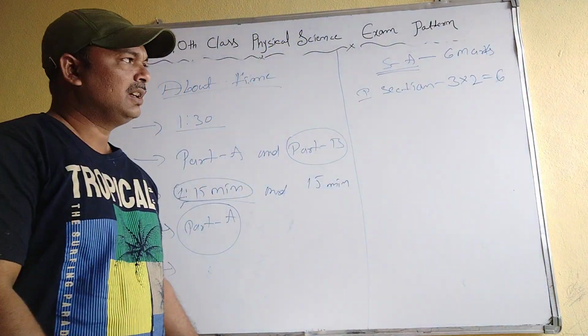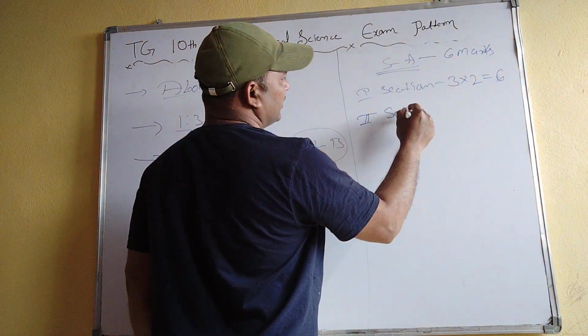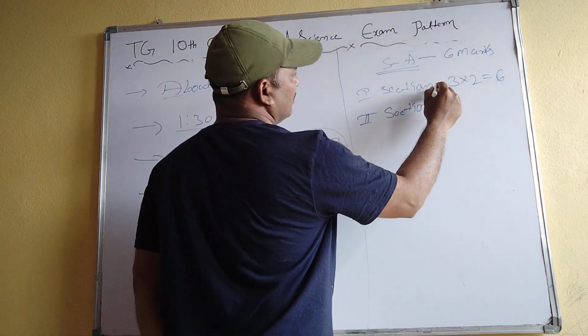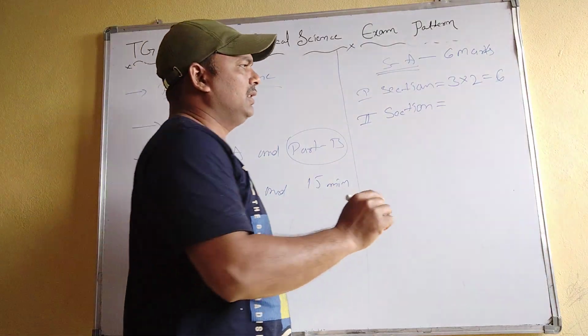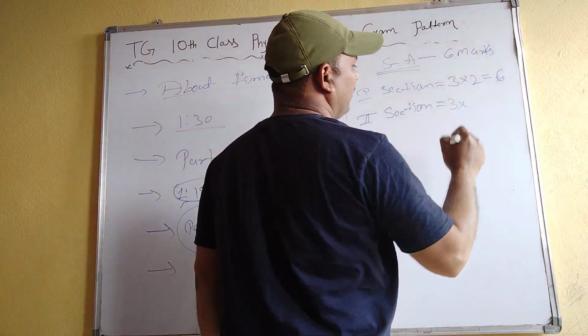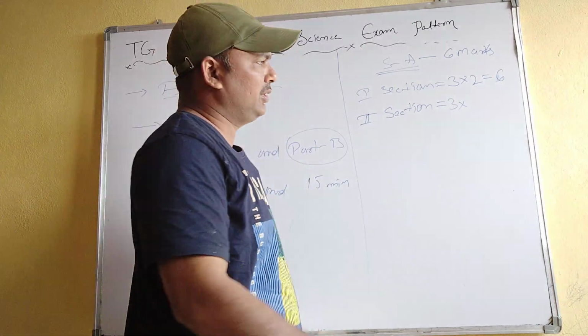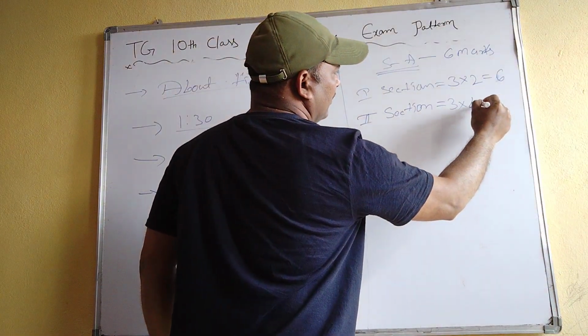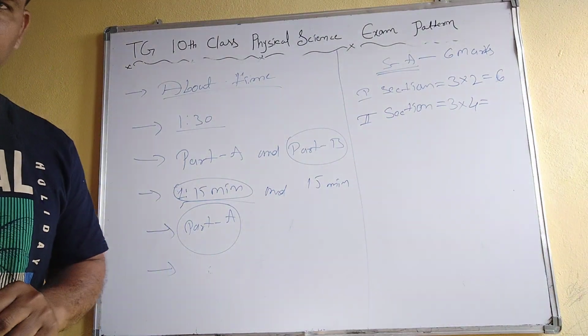Right? Then section 2. In this, you have the remaining 3 questions, and each question carries 4 marks.